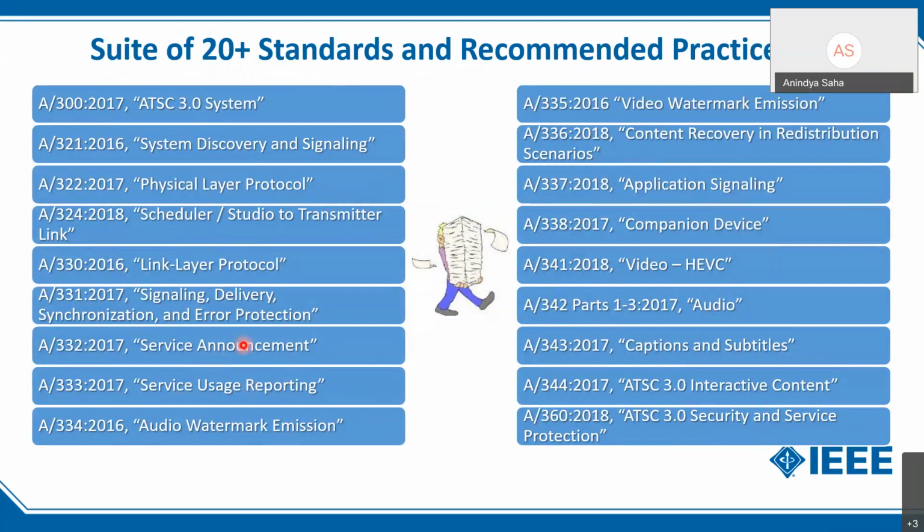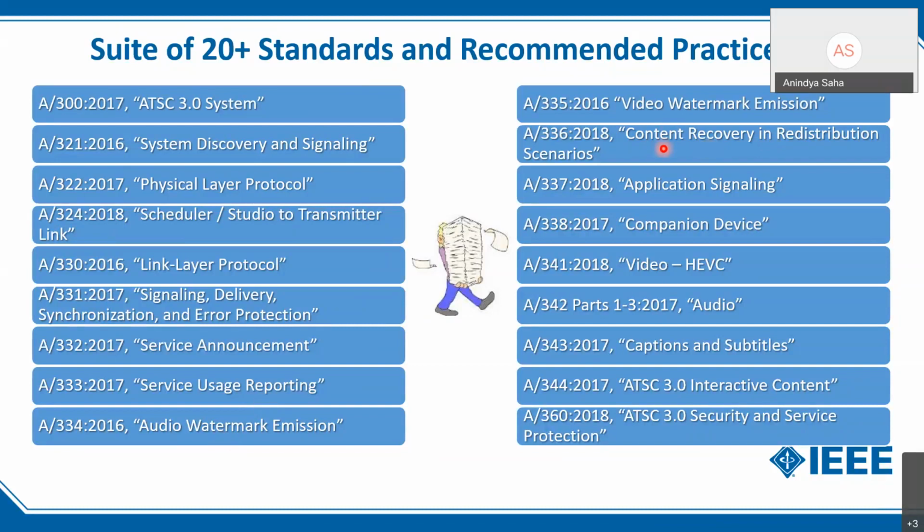standardization with respect to what kind of services, how you announce services, how you report the services will be used, or how to report the usage of them, and then how you will handle watermarks, both audio watermarks and video watermarks, and how you will redistribute contents. One of the important things for broadcasters is that they redistribute the content to satellite as well as cable.